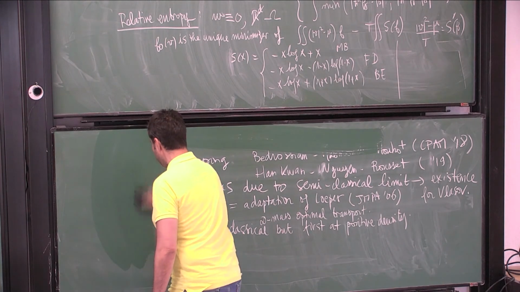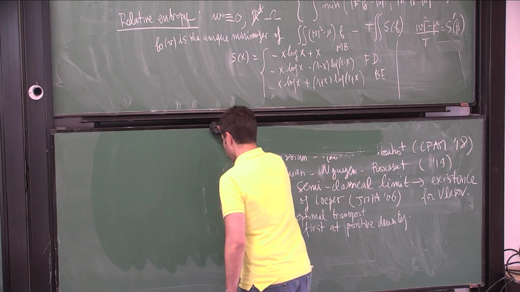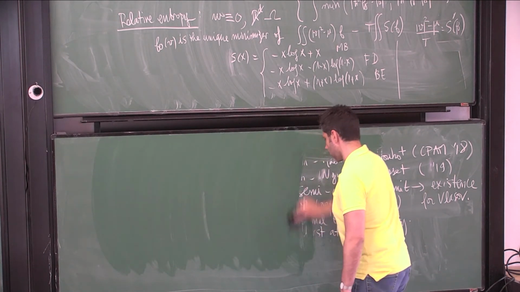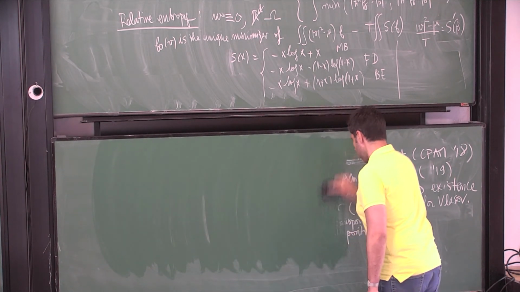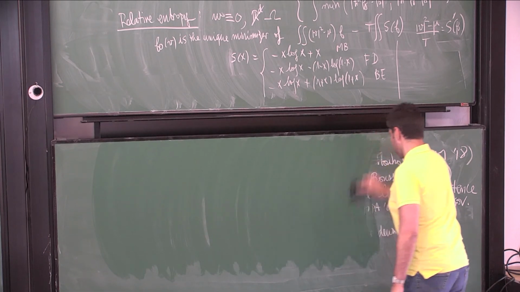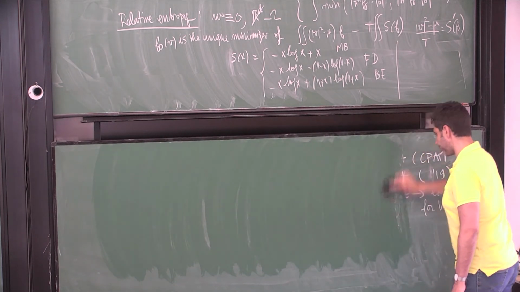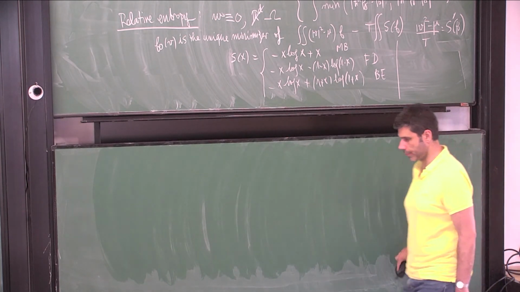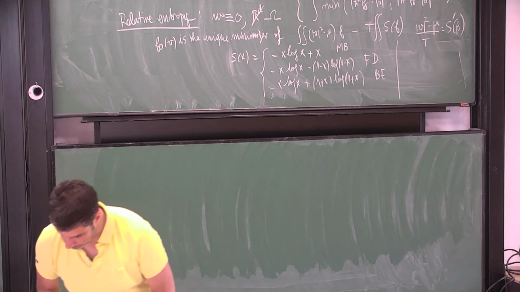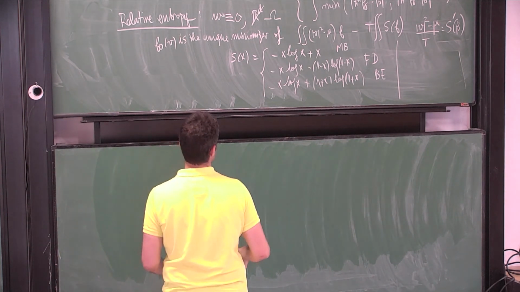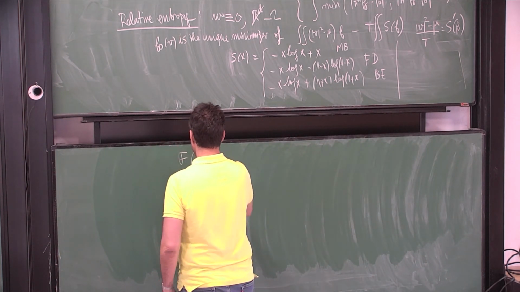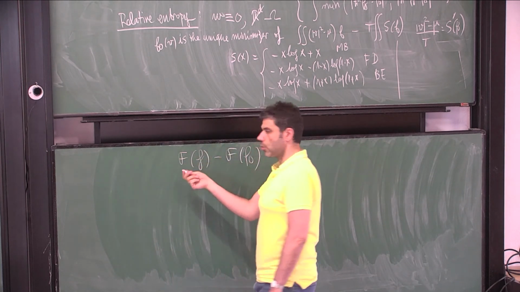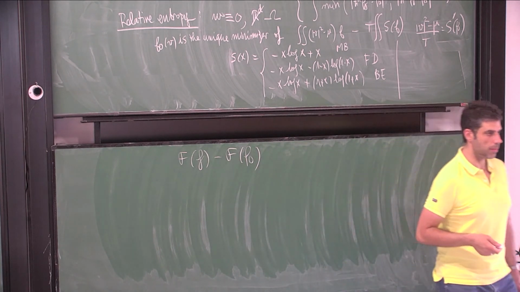And that's the relative entropy. Okay, so if you compute this free energy of some F minus the same for F0, you know it has to be non-negative because F0 is the minimizer.